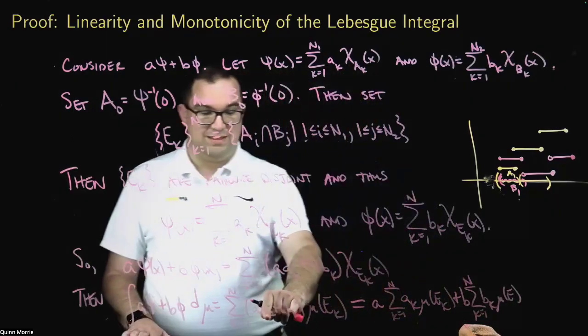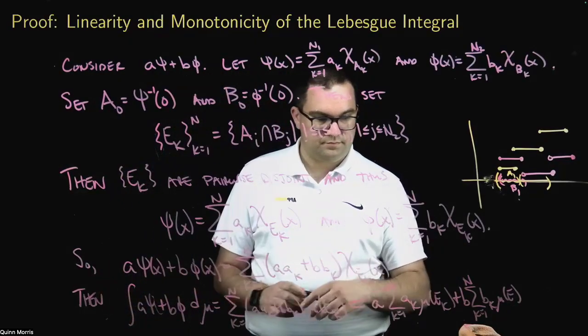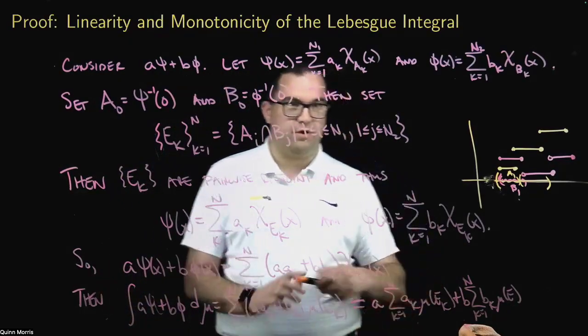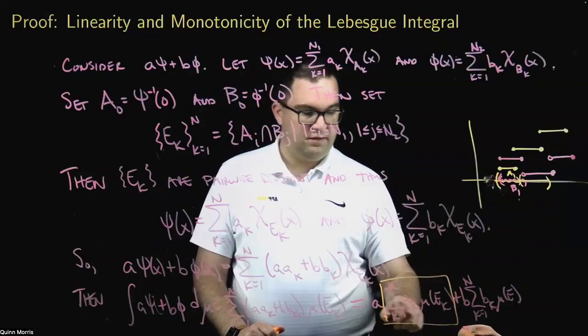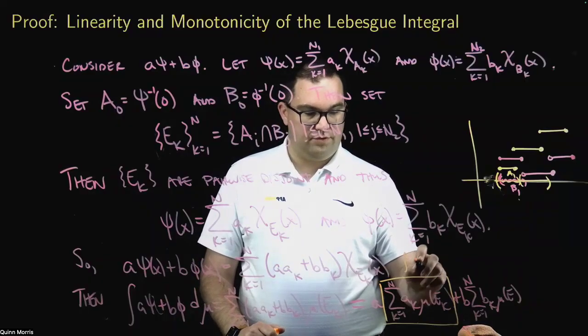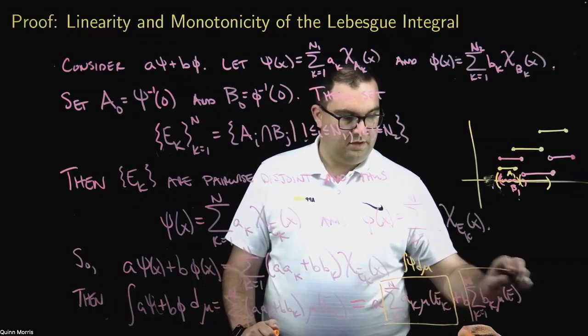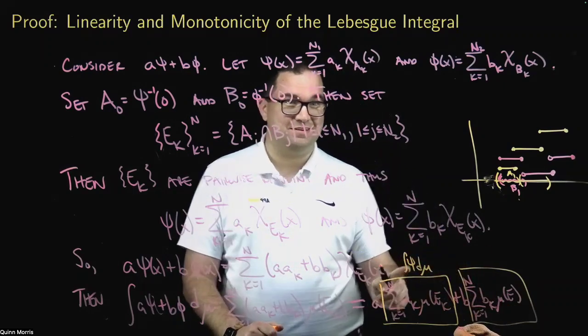So here I'm actually just using the linearity of this sum. And maybe to avoid running off the board here, if I look at this, this is the definition of the Lebesgue integral of psi d mu. Sorry, I should be careful. This is not the definition.